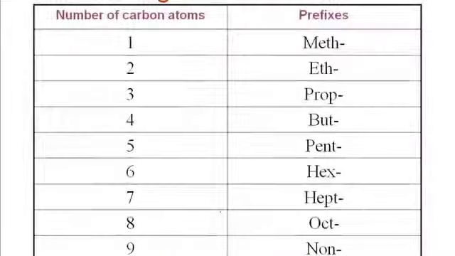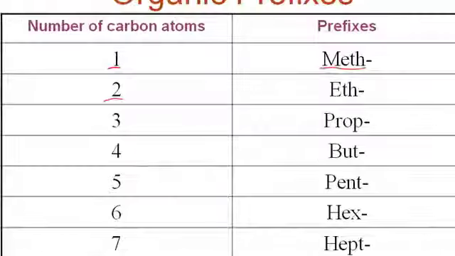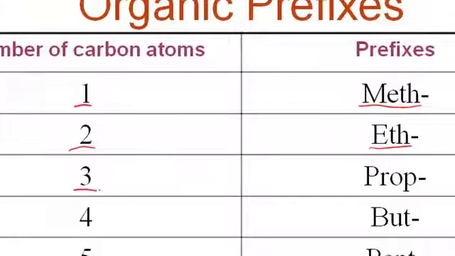Now, naming has to do with the number of carbons. If the compound has only 1 carbon, then the prefix is meth. 2 carbons, the prefix is eth. 3 carbons, prop, and so on and so forth. 4 is but, 5 is pent, 6 is hex, 7 is hept, 8 is oct, 9 is non, and 10 is dec.